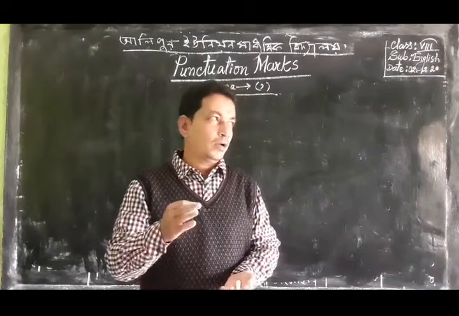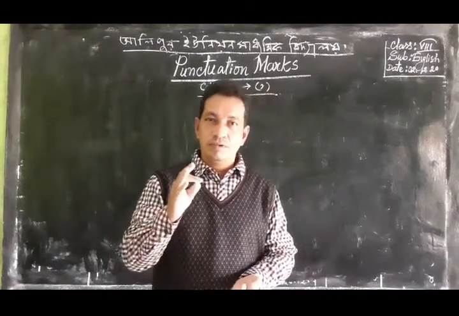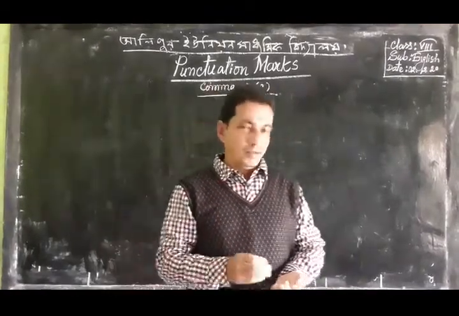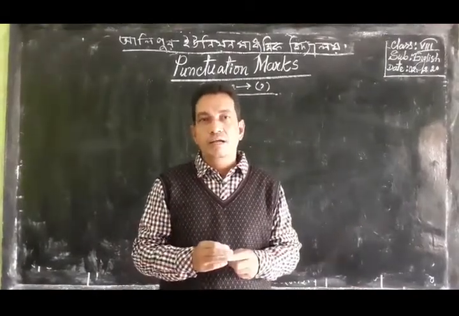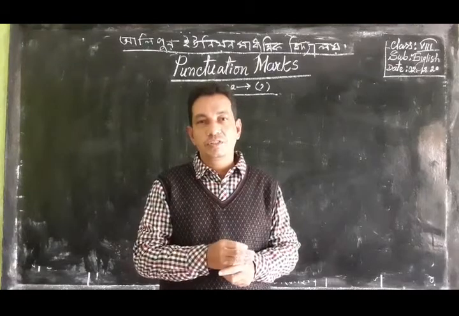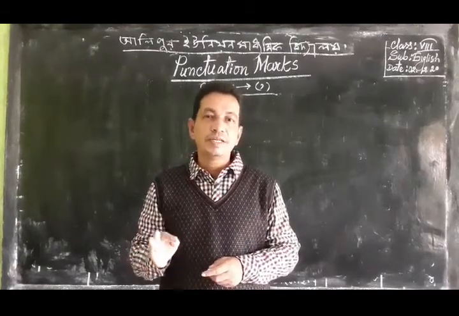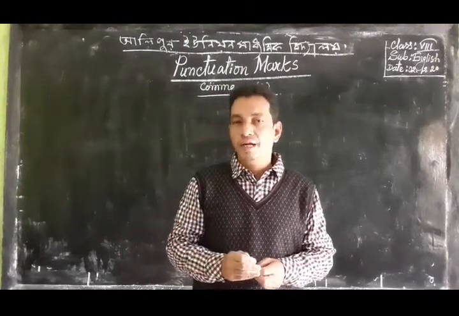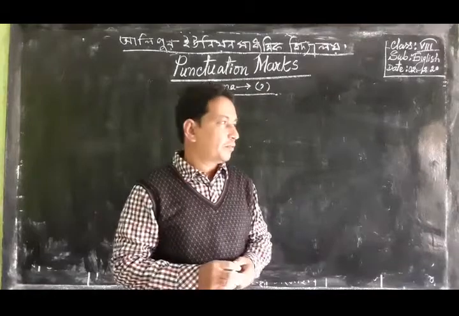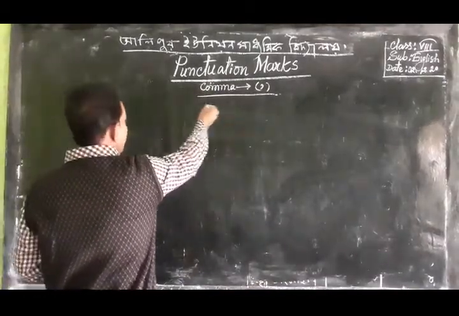And before the last two words, we must bear in mind that between the last two words we must use and. Before the last word we cannot use any comma. We must put and in that position. Suppose I am writing an example.